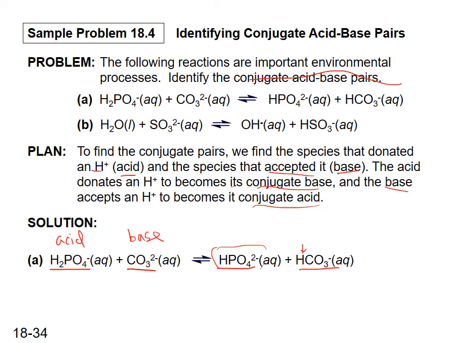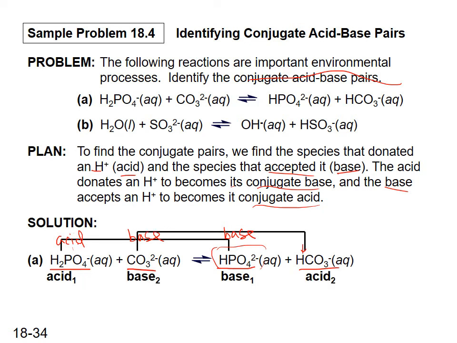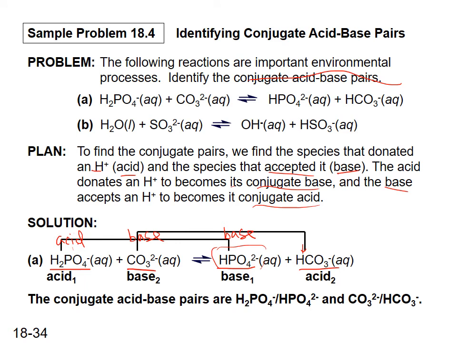After donating the proton, the acid becomes a conjugate base, and the base becomes a conjugate acid. And therefore we have two pairs. One is H2PO4-, an acid, and the conjugate base is HPO4 2-. The other pair is carbonate, a base, and bicarbonate, its conjugate acid.